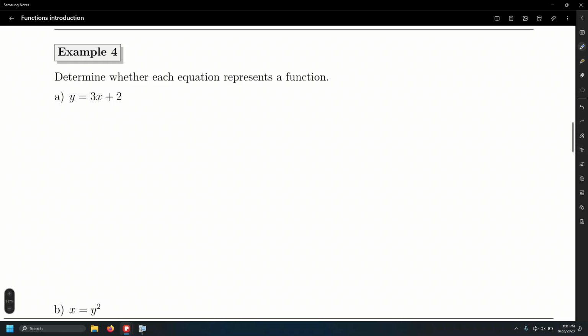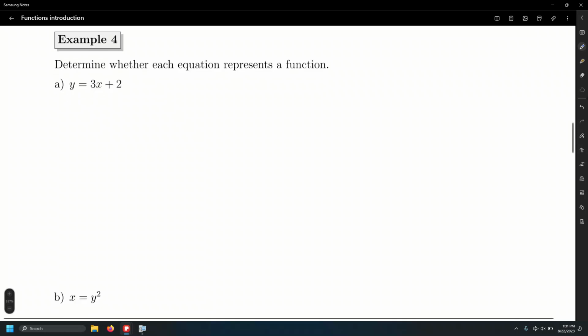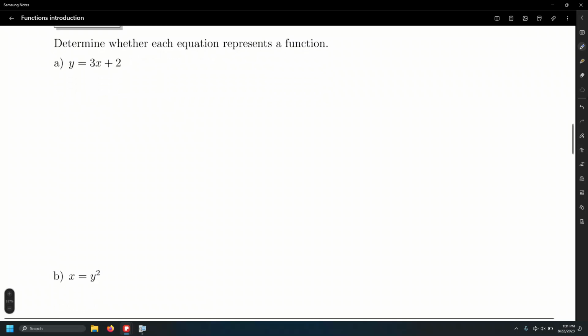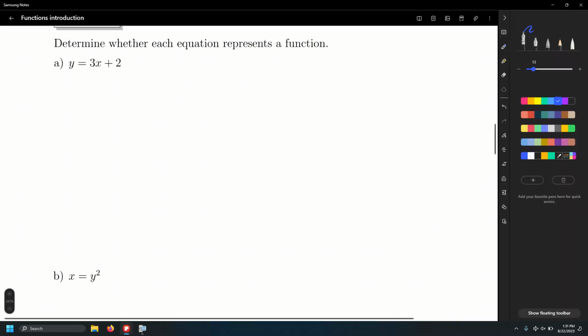So, for example, y equals 3x plus 2. Here's what I'm going to do. I'm going to generate a table of values. We don't have to generate 5 values, 17 values, 59 values. Just 2 or 3 is more than enough to notice a pattern, and pick your favorite values of x.